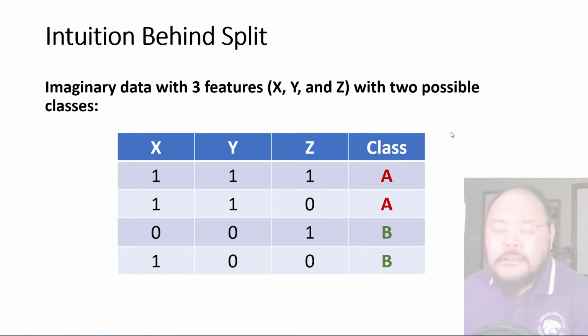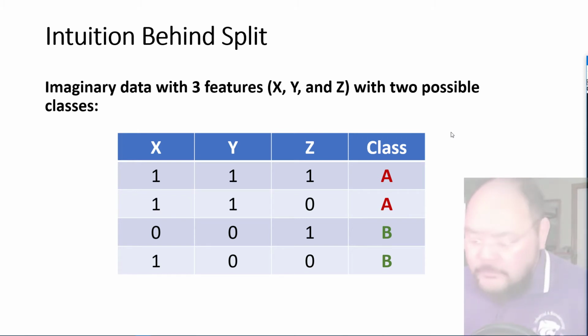You can see that Y actually gives us the perfect separation because the Y feature synchronizes with what the classes are. However, X and Z are not giving a proper separation in this case.